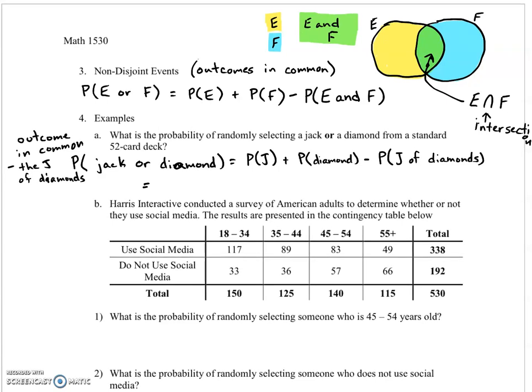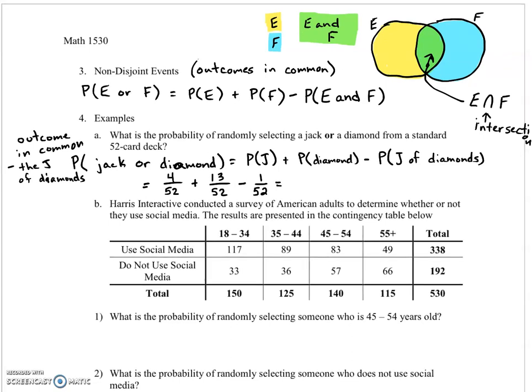So there are 4 Jacks in the deck out of 52 total cards. We're going to add, there are 13 diamonds out of 52 cards. If you need to, you can go back and look at the deck of cards in the notes. And we're going to subtract the common outcomes, which is the 1 Jack that is the Jack of Diamonds. So minus 1 over 52.